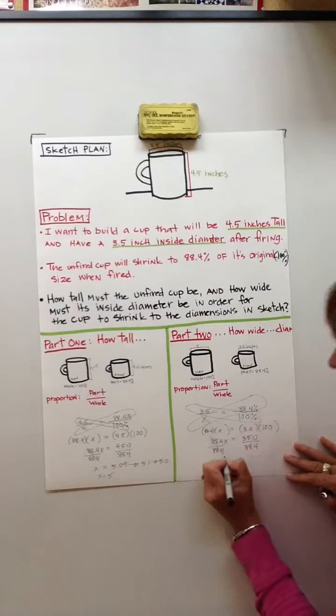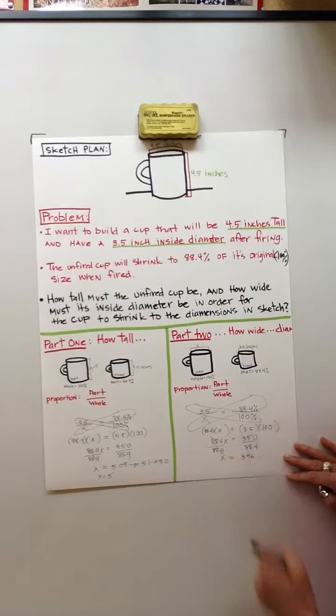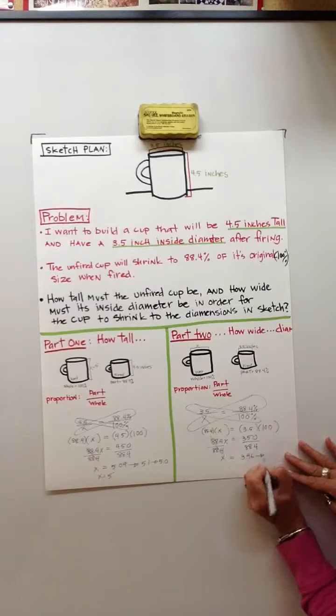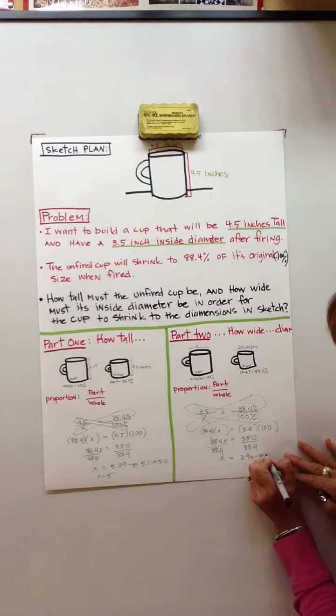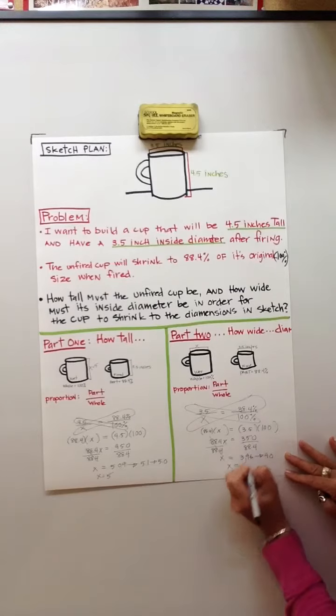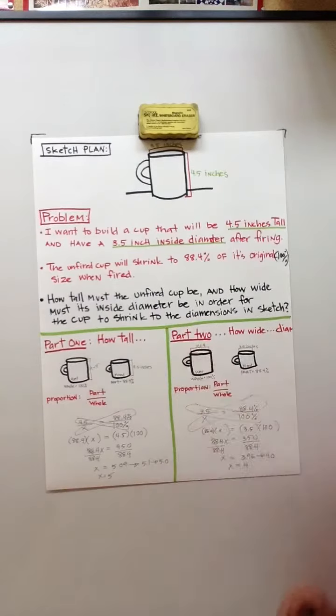That cancels out, leaving us with x equals 3.96. I did that on the calculator, which rounds up to 4.0. X equals 4. Your wet cup has to be 4 inches in diameter in order for it to shrink to the proper size.